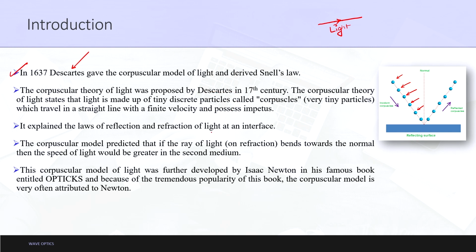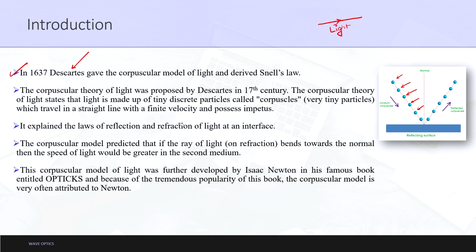Just iterating it again: the corpuscular theory states that light is made of tiny discrete particles called corpuscles. A corpuscle is a very tiny particle which travels in a straight line with a finite velocity and possesses impetus. Impetus means any force or body which a particle has.